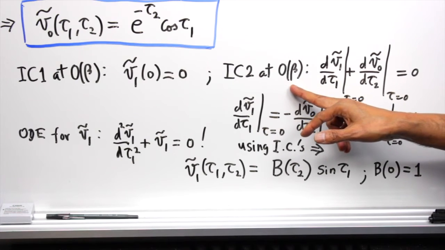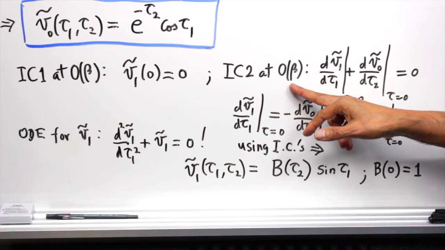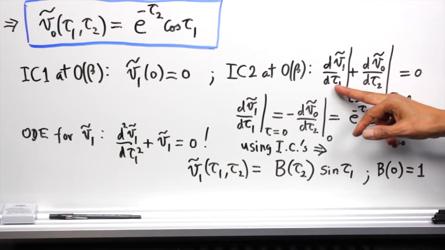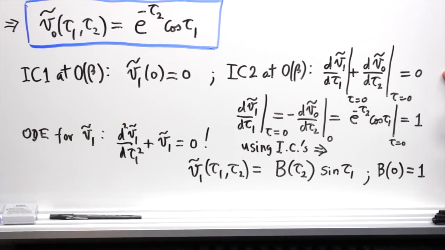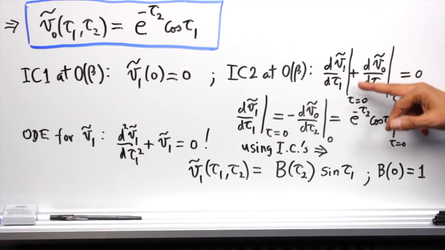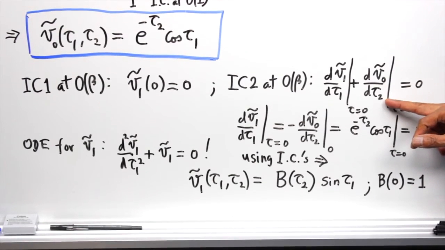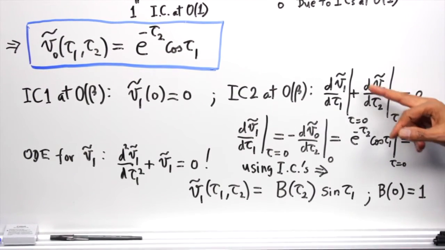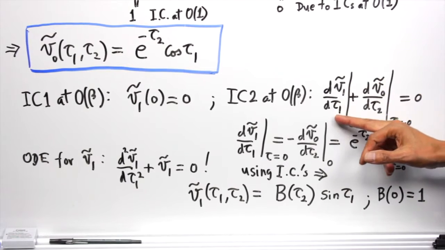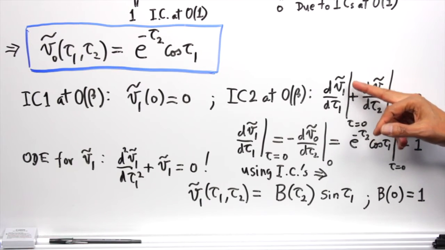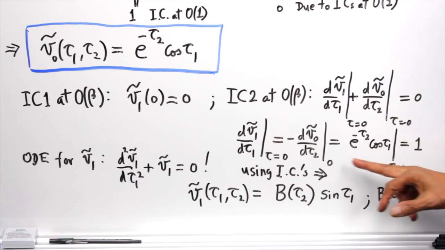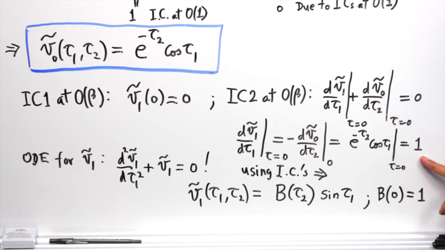We have already satisfied the leading order velocity condition, and so the correction must also be 0, so this sum must be equal to 0. And so if you look at it, this part of it is something we can calculate from the solution we already have, and therefore it gives us initial condition on dv1 tilde d tau 1, and we can calculate that, and that's equal to 1.